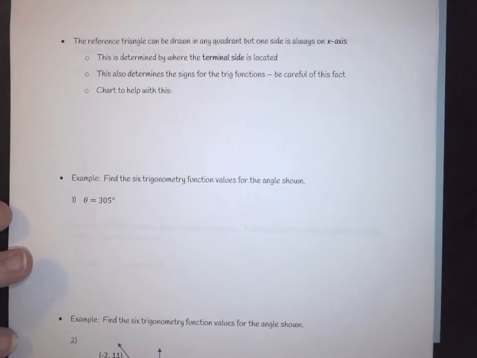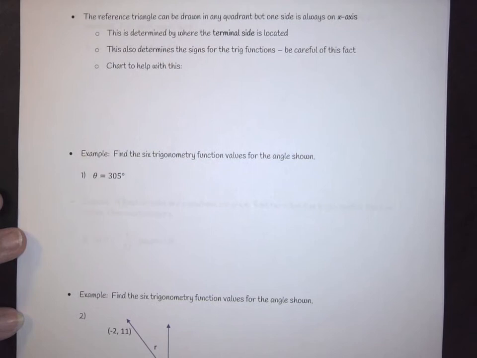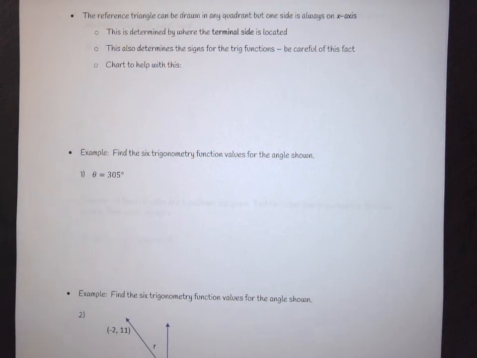Once you identify and are comfortable with your triangles, you have to be able to look at what's called a reference angle, or your reference triangle, which is exactly what we did. It's the triangle that can be drawn inside a quadrant where its one side, or the initial side, is always falling alongside the x-axis, and your terminal side is always located within the quadrant.